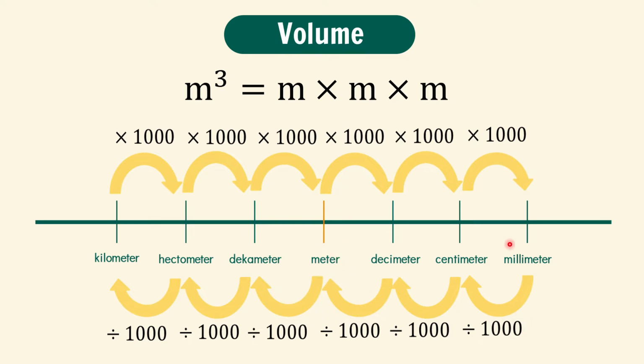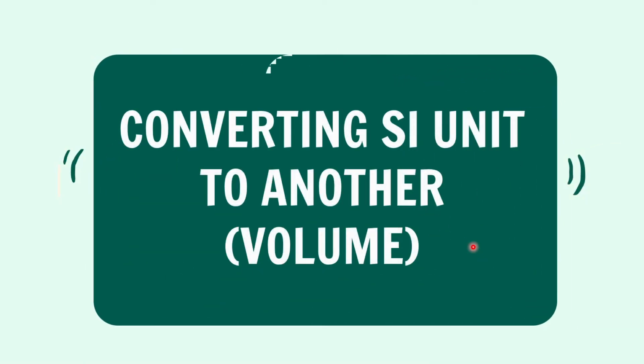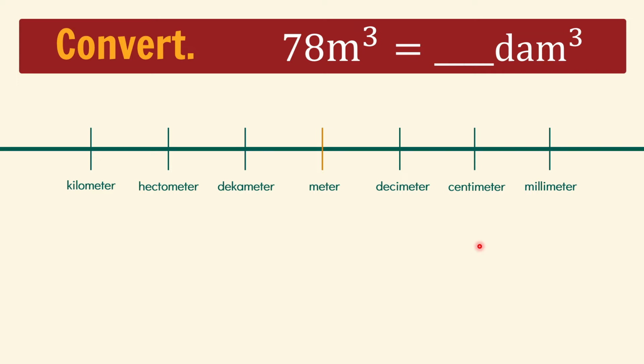And to further understand volume conversion, let's have an example. Convert 78 cubic meter to cubic decameter. Based on the metric system line, how many steps do we need to make from meter to decameter and in what direction?